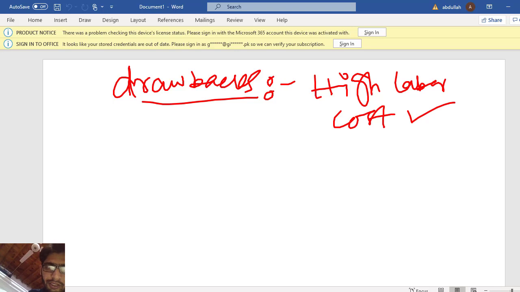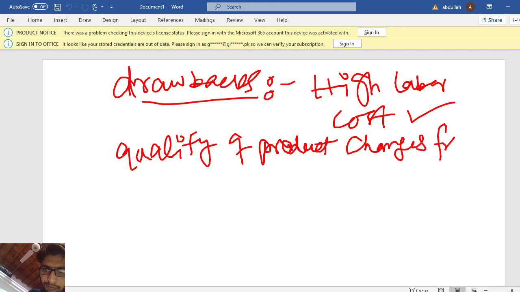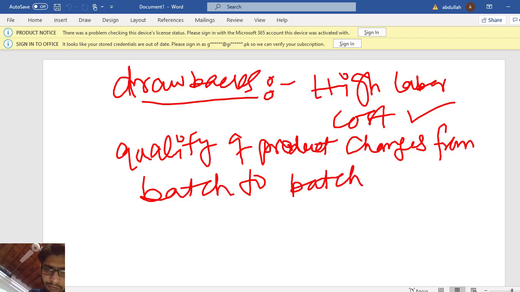The second drawback is that the quality of the product changes from batch to batch.